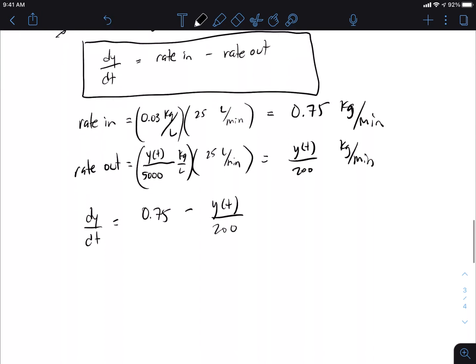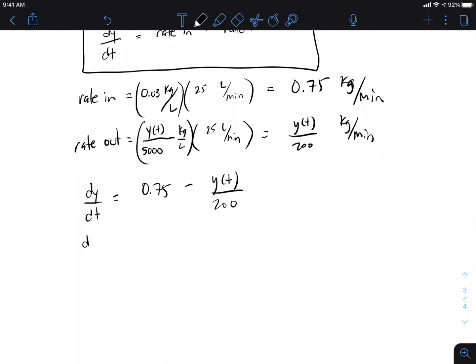And we can clean that up, right? So we can go dy/dt is 150 minus y of t over 200. Now you don't have to put y of t, you could have just put y if you wanted. For simplicity's sake, I'm just going to go with y going forward, okay?